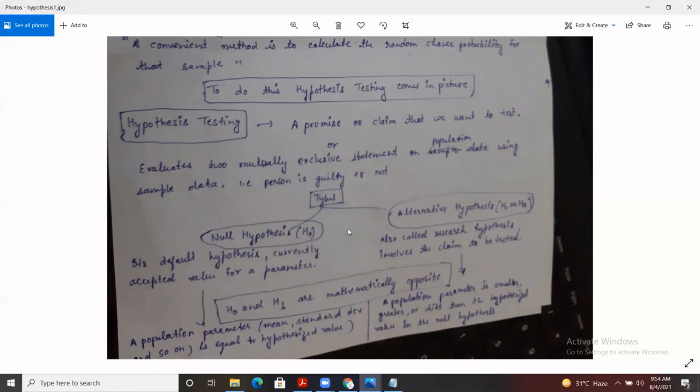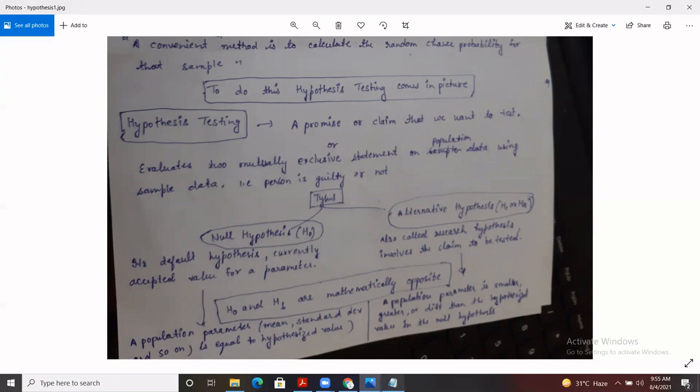P value is the probability for the null hypothesis to be true. We are going to discuss this term later. That's it for today. What we discussed today: why we needed hypothesis testing, what hypothesis testing is, what the different types of hypothesis testing are, and further we are going to discuss the different terms that we use in it.